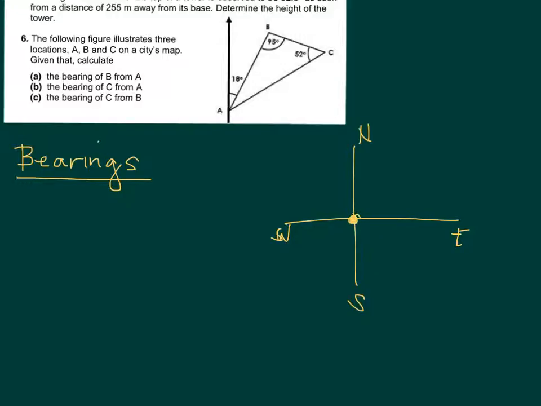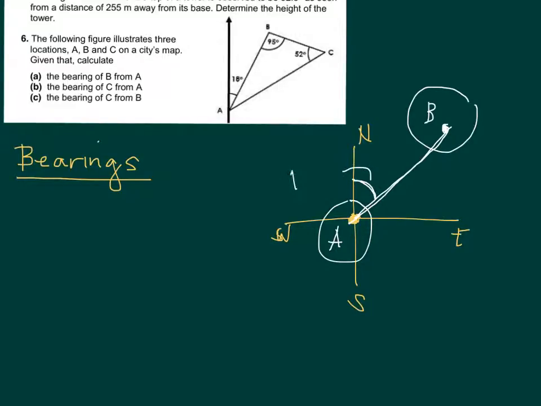So if this is an object A, and there's another object B on this side, the bearing of B from A, so that means with respect to A, is the angle made by the line connecting A and B and the north axis. So this is the bearing. Once you understand that, it will be easier for you to solve problems on bearing.